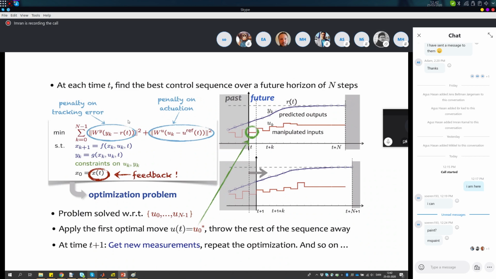And then you can define your objective function as a quadratic objective function, just like this. So this is quadratic. I'm not sure if you are familiar with this kind of sign. This is a norm actually.